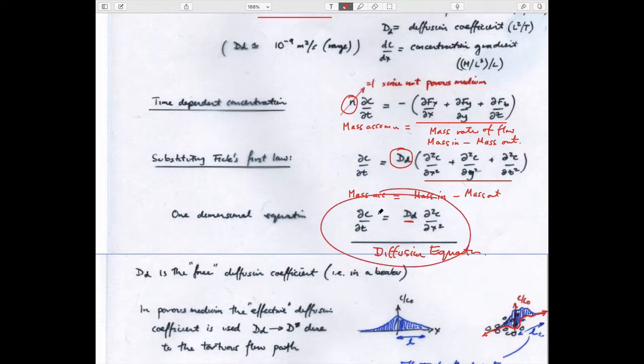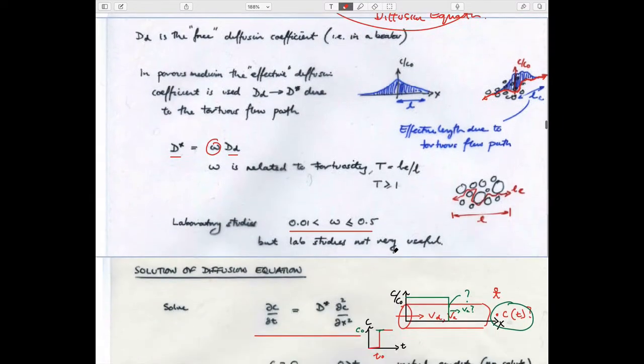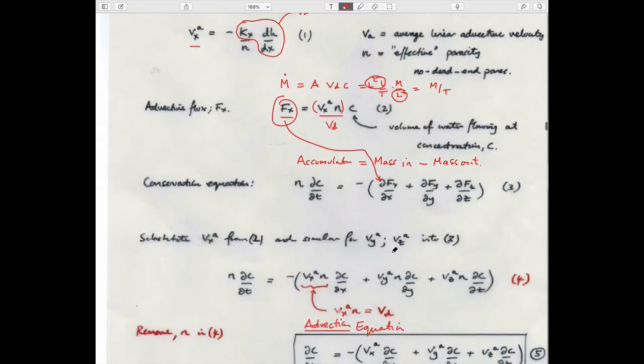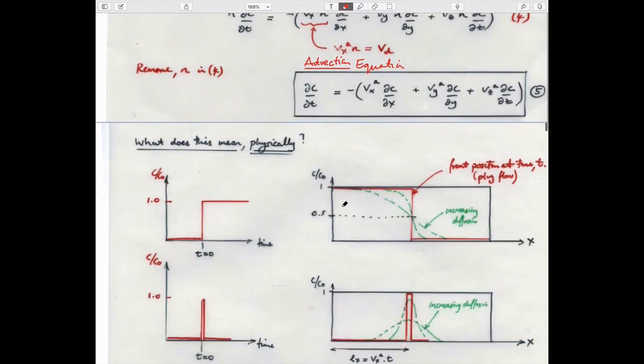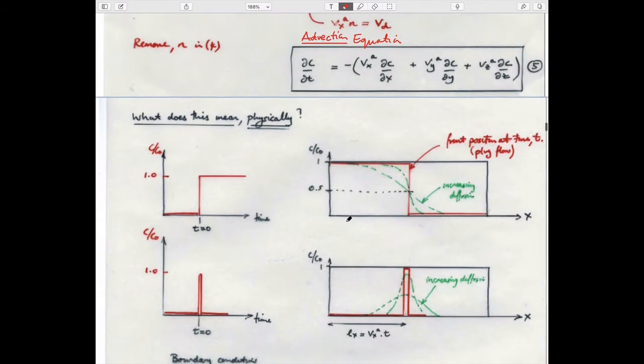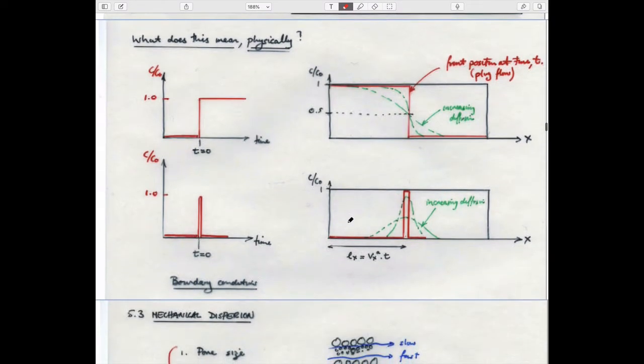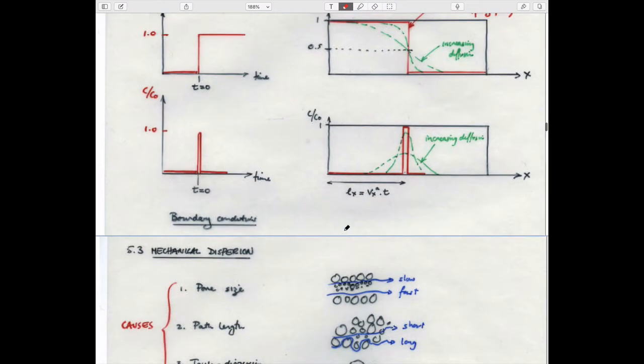And so if we take the terms that represent diffusion, and if we take the terms that represent advection, then we end up with a combined equation. And actually I will write it out just because it's important. And just in 1D, it looks something like this.